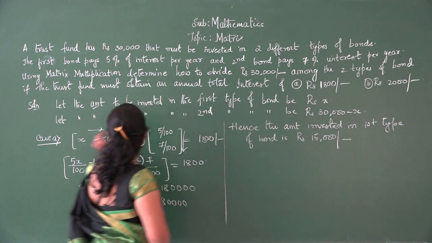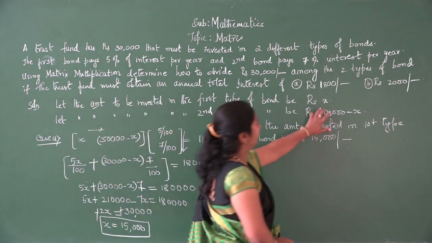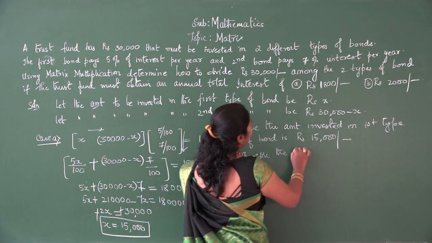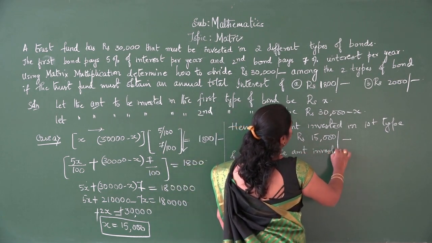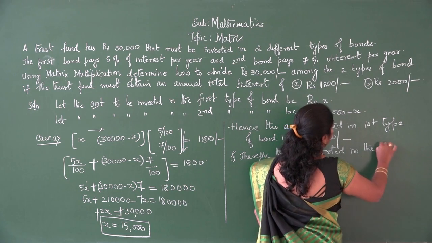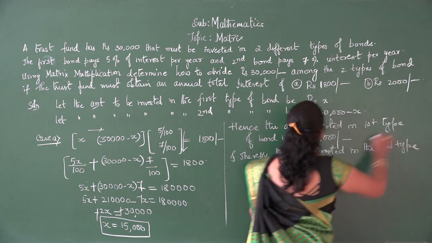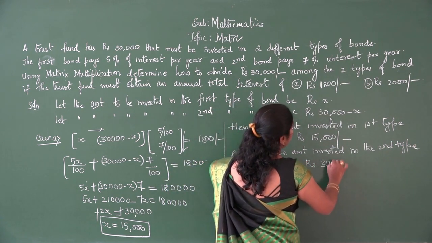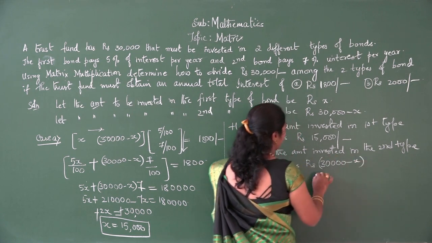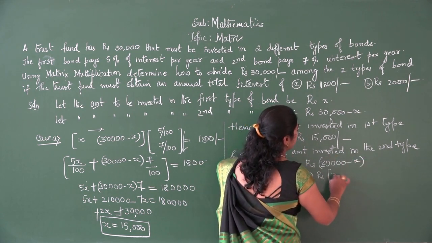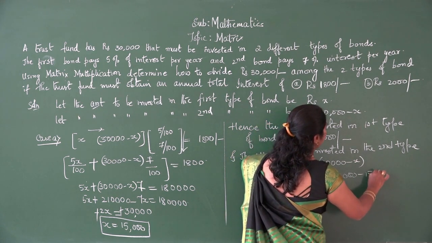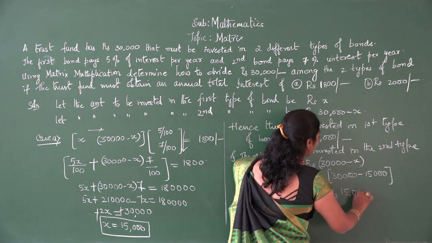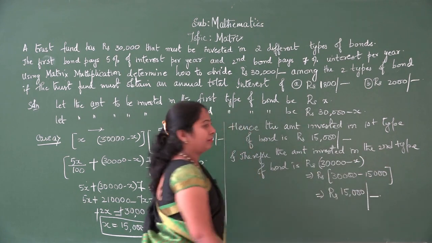That is the amount x, and therefore the amount invested in the second type of bond is rupees 30,000 minus x. So what is 30,000 minus x? What is the value of x? We arrived at 15,000. So 30,000 minus 15,000 will sum up to 15,000.